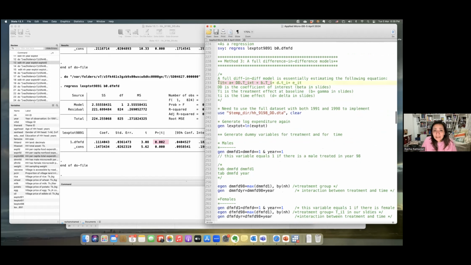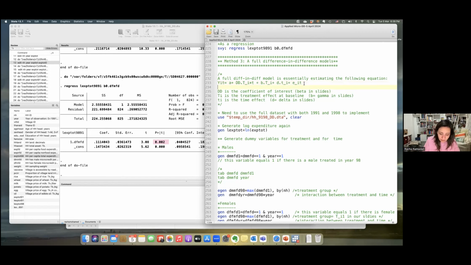And here you have the same equation as what we saw in the PowerPoint. We have here our outcome variable of interest. Let me add that Y_t is the total expenditure per capita of the household i in period t.